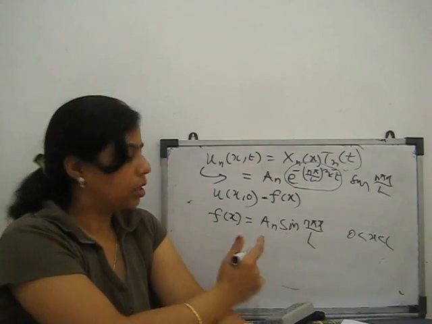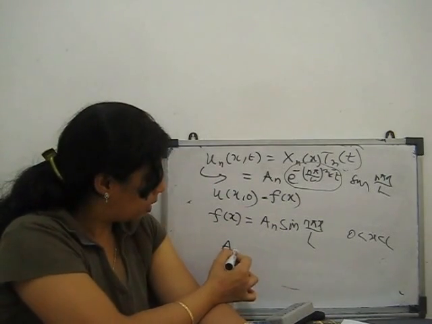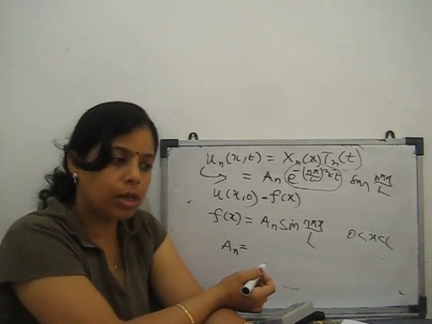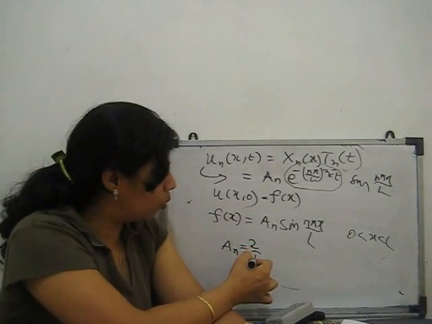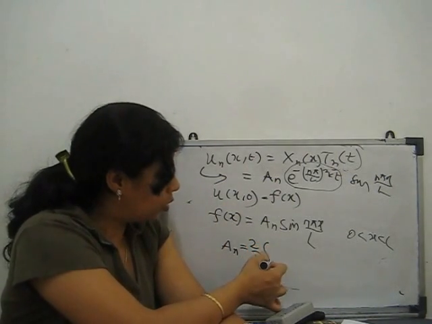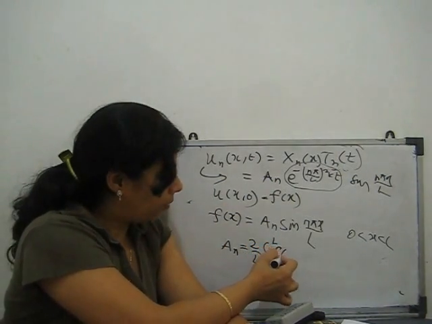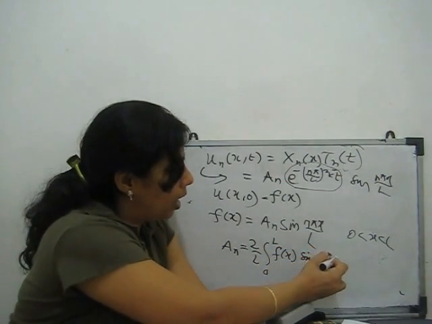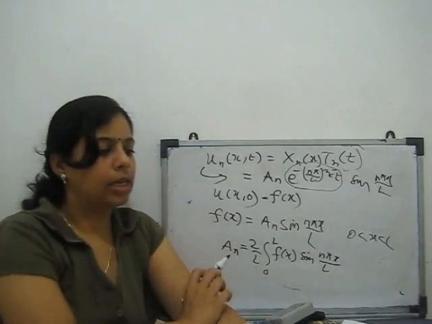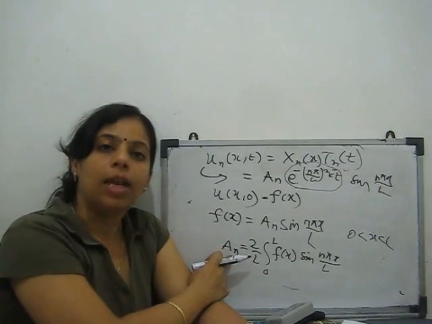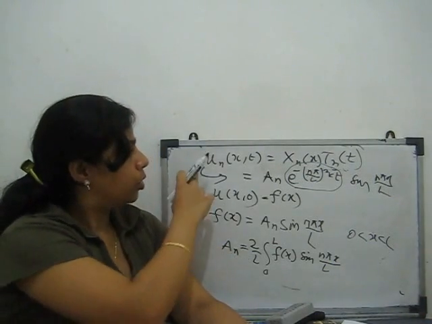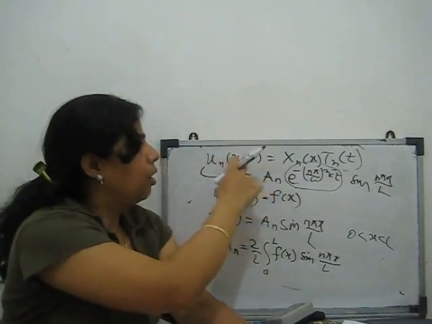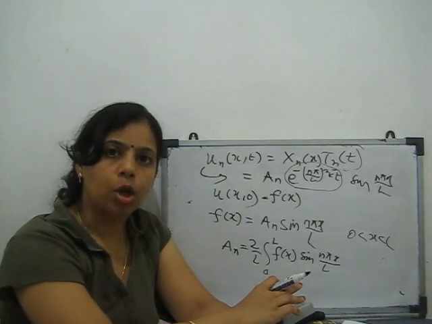So for this Fourier series, what is our an? By Euler's formula of Fourier series, an is given by 2 by L integral 0 to L f(x) sine n pi x by L. Clear?